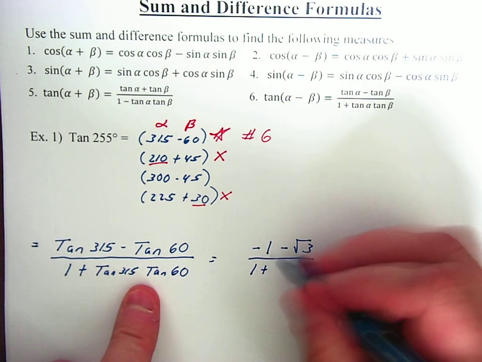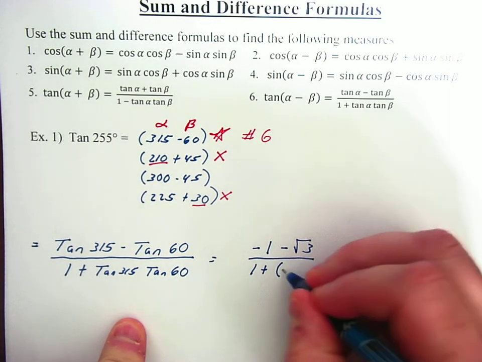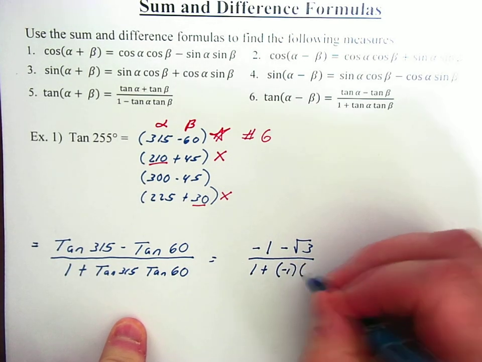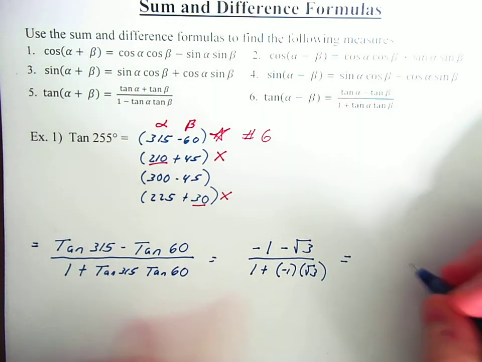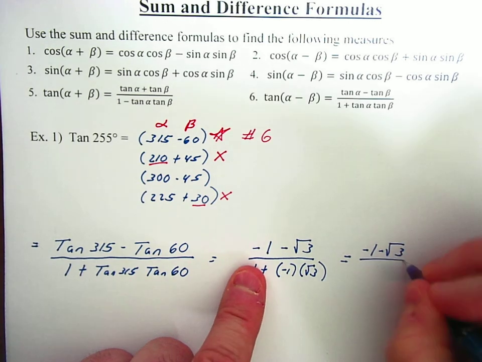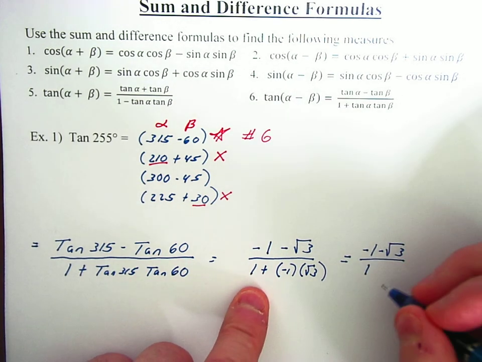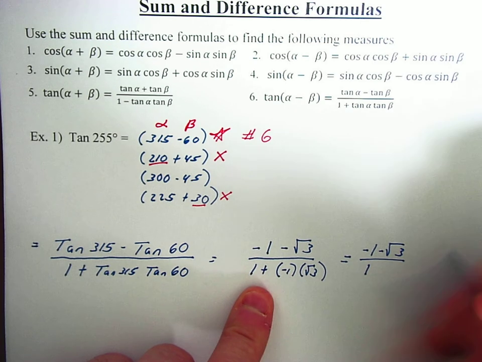So you got to take those same two values that you found up here and multiply them together. So that was negative 1 times a positive square root of 3. Okay, so that'll give me negative 1 minus the square root of 3 over positive 1. Now, this is going to be plus. These are going to be a negative. So plus a negative is going to be minus.